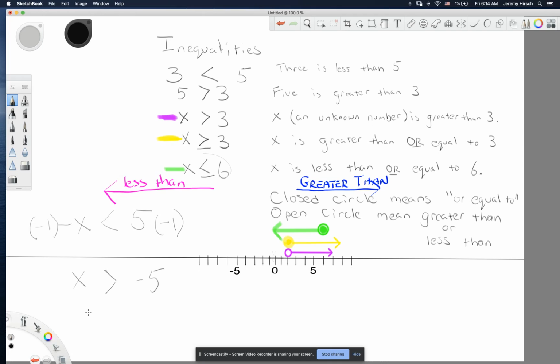So when multiplying or dividing by a negative, you must flip the sign.